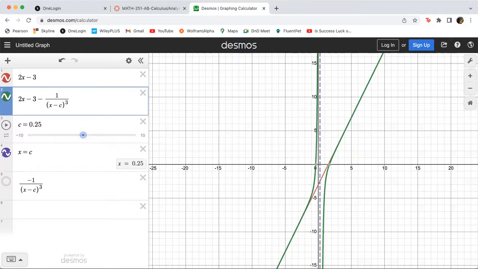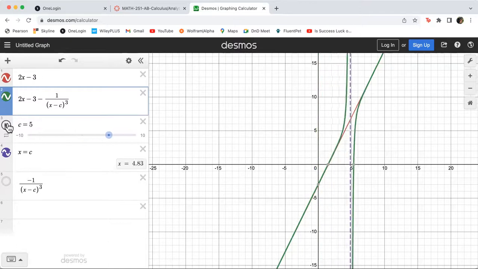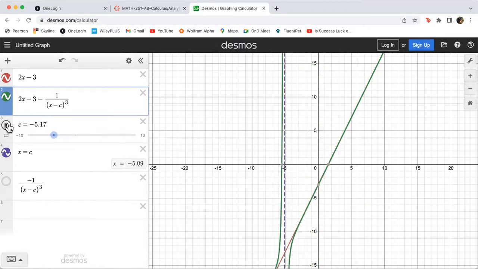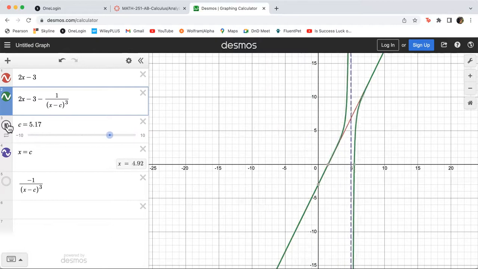Notice that we're getting the same kind of thing. Overall, in the long run, the graph is trying to look like 2x minus 3. But the closer we are to x equals c, the more the graph has to obey these asymptotes. It's like a gravity well shooting along and pushing the graph away. Or we could think of it as the graph has to go around the asymptote.